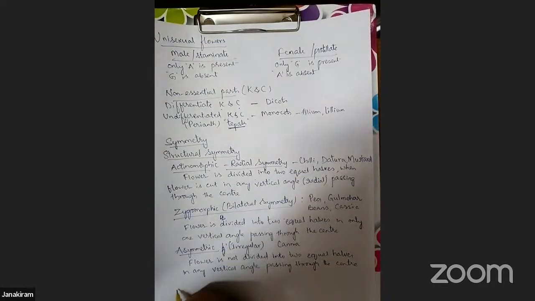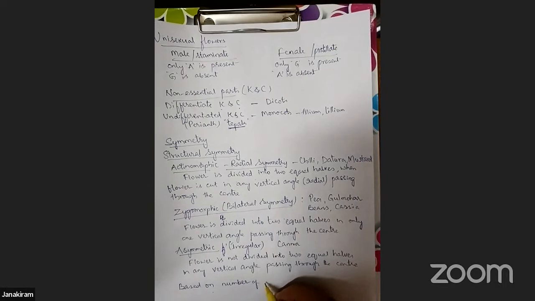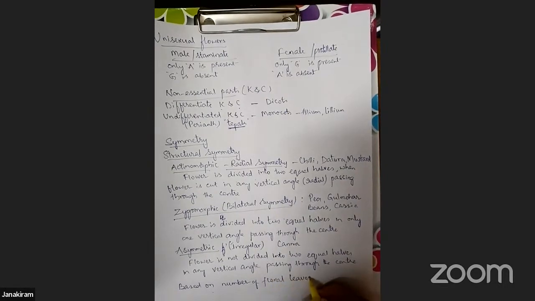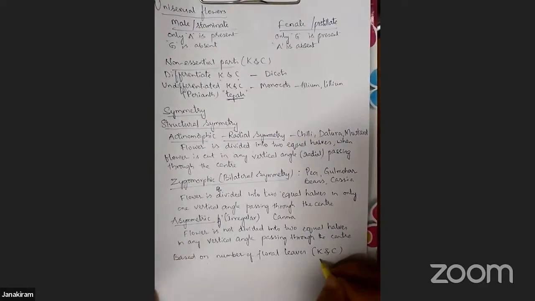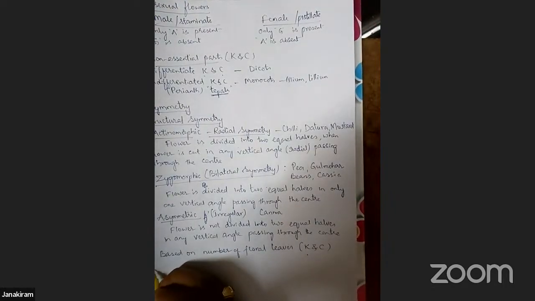Those are based on the number of floral leaves, particularly calyx and corolla. Depending upon the number of sepals in the calyx and the number of petals in the corolla, they have been divided into three types of symmetries. The one is called trimerous flowers.